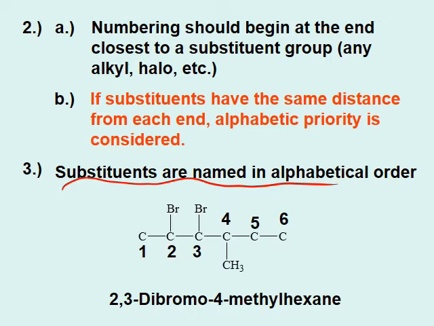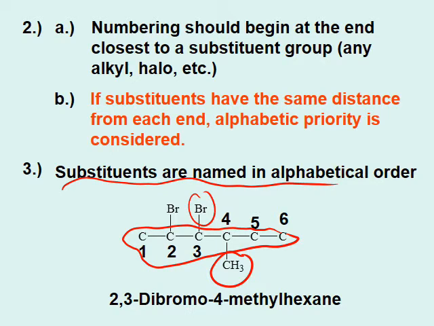So if this molecule is given, first you get the longest chain. So this is the longest chain, and the longest chain has 6 carbon atoms. Substituent groups are the groups that are directly bonded to the longest chain. This is the methyl group, bromo, another bromo. Numbering has to begin from the end closest to the first substituent group.